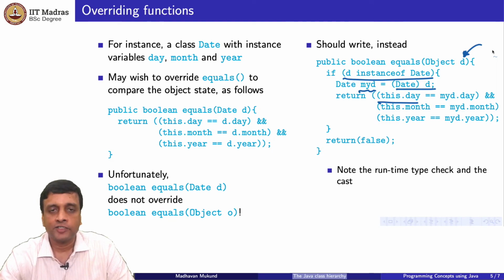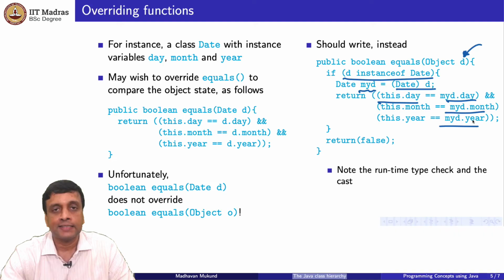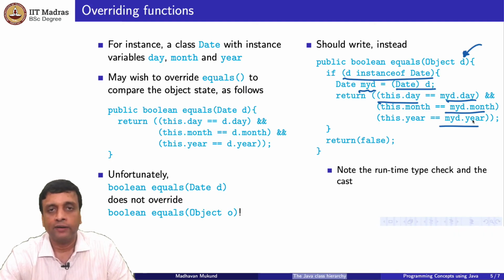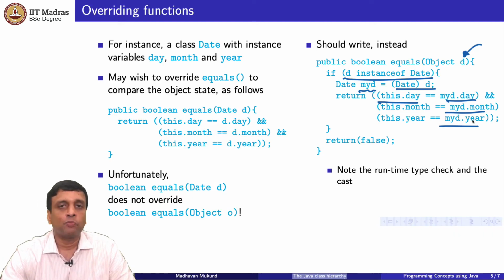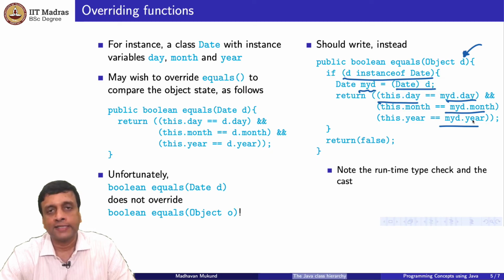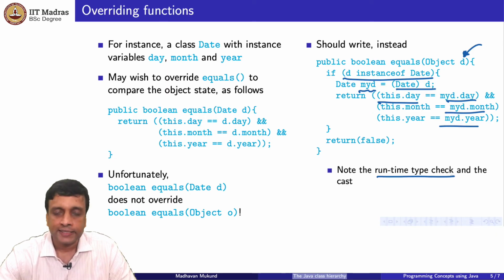So I have first verified that the input D can be converted to a date, and then I have explicitly cast it to make sure that these things are now legal as far as the compiler goes, because remember, if I don't do that, then the compiler will not allow me to access these instance variables. We saw that earlier when an employee E was pointing to a manager. I could not call set secretary just because I knew that it was a manager at runtime. I had to cast it as a manager and then only call it. So I have to cast it as a date and then only call it.